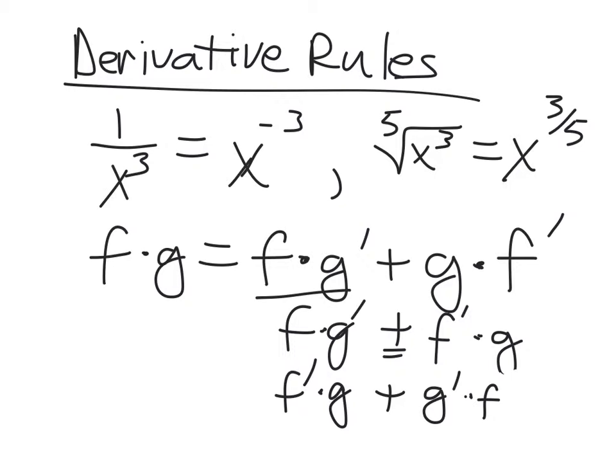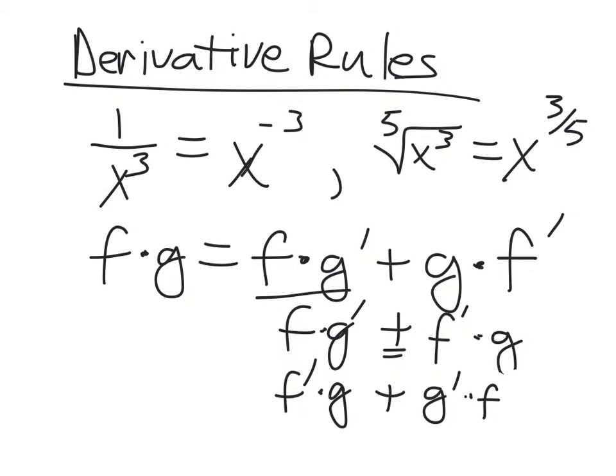Okay. So order, not going to make any difference on what you start with. But the key there, something that you got to remember, it is not just f prime times g prime. More work to it than that. Usually in mathematics, things aren't quite as easy as we want them to be.